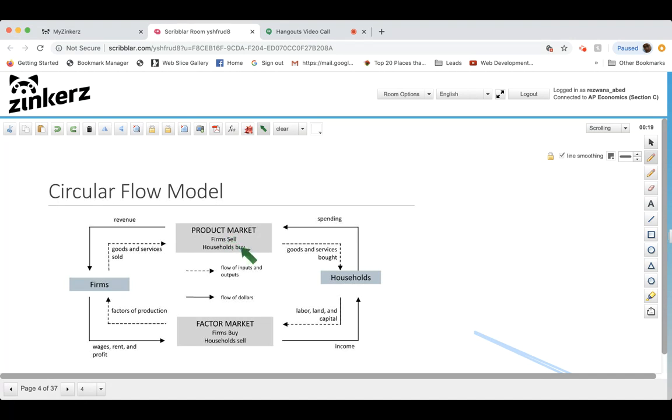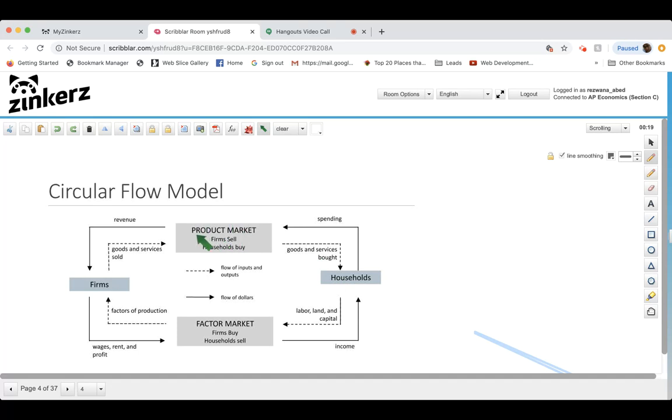Firms sell, households buy. Households buy the goods and services that are produced by the firms. Buying and selling of products, goods and services, happen in the product market.